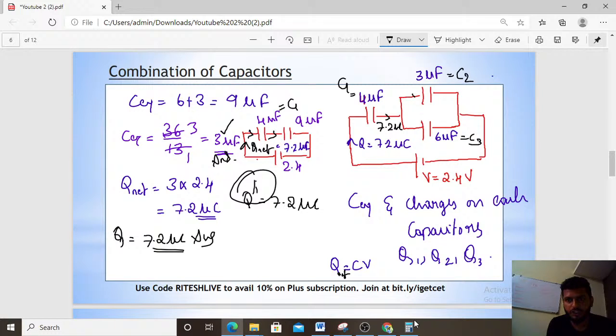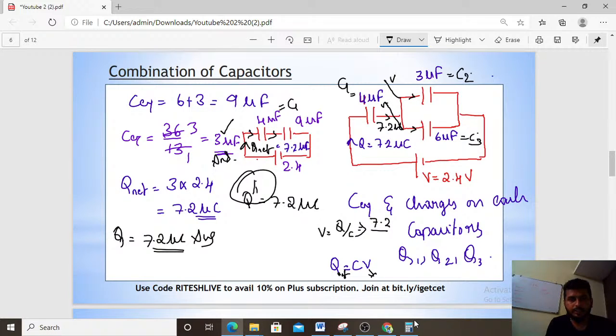It will get distributed, so the voltage will be the same. You need to draw the voltage line. How do you get the V value? V is equal to Q divided by C. So Q is 7.2, divided by C equivalent. C equivalent is these two, C2 and C3.